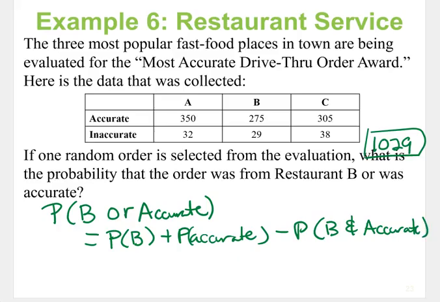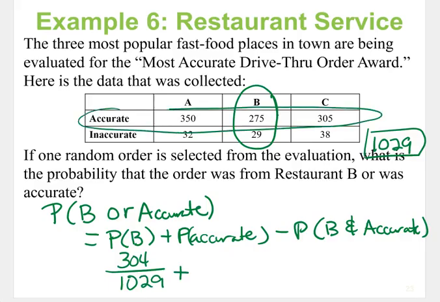So probability of B, how many people? Restaurant B was 275 plus 29, so that is 304. So 304 out of the 1,029 plus the probability they were accurate. That's this first row, so I would add all those up, and that adds up to 930. So 930 over 1,029, and then subtract that overlap, and the overlap is this right here.